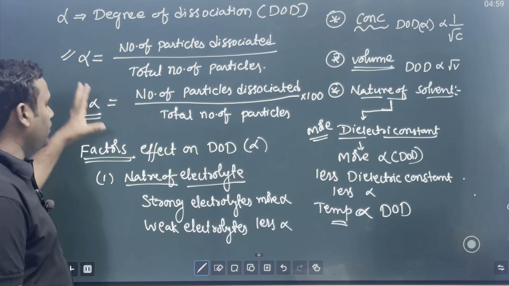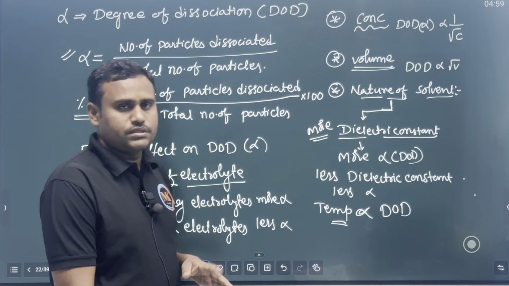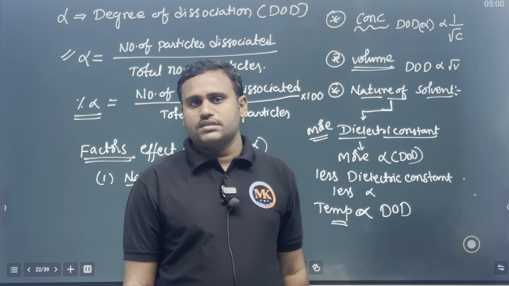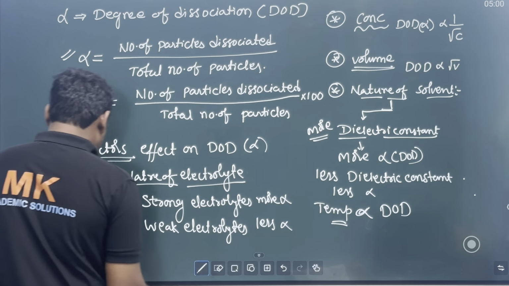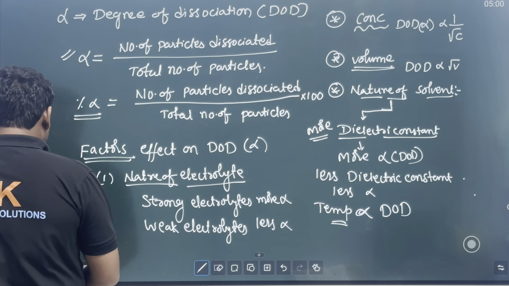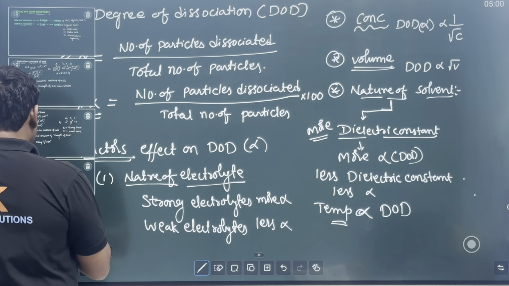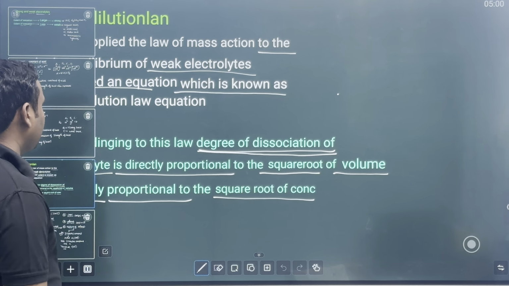Okay, now we know what the degree of dissociation is and what factors influence it. Next, let us see Ostwald dilution law.